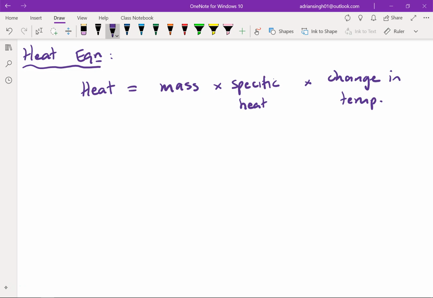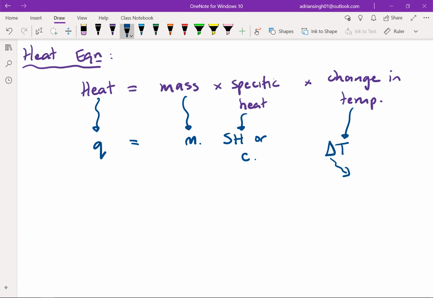All right, so there are some symbols that we use for these things. Heat is often referred to as Q. Mass is M. Specific heat is often referred to as SH, or sometimes it's just referred to as C. And then the change in temperature is abbreviated as triangle T. This triangle is read as delta.